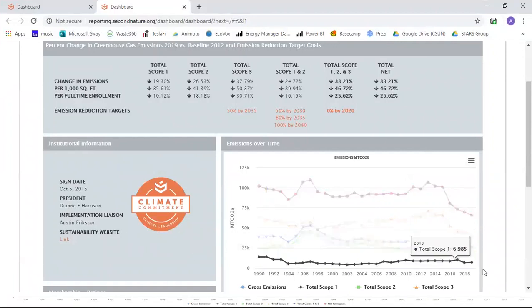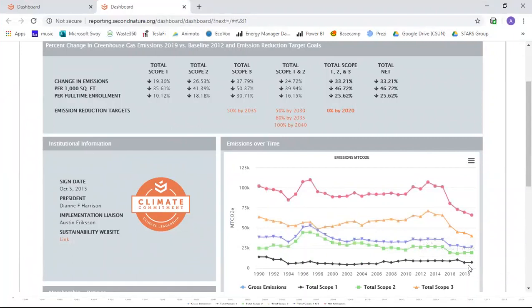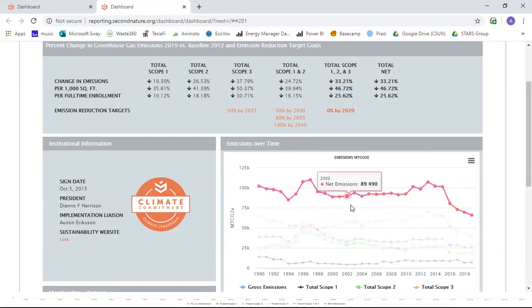Nikhil actually just completed our 2019, which is this last bullet over here, 2019 greenhouse gas emissions report. The good news here is if you look at the purple line here, that is our net emissions, so it's scopes 1, 2, and 3 combined. Our baseline for metric purposes is 1990.